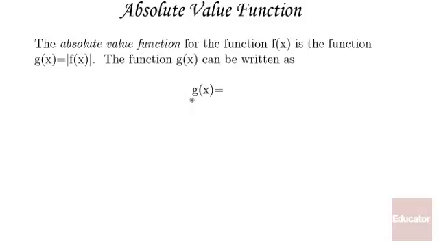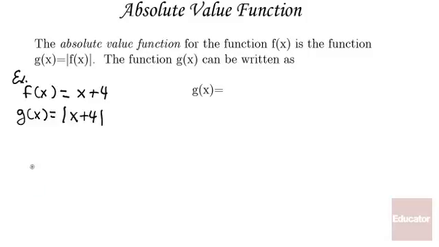Well, let's use an example to discuss this. Let's say that f of x is x plus 4. Well, then g of x is the absolute value of x plus 4.